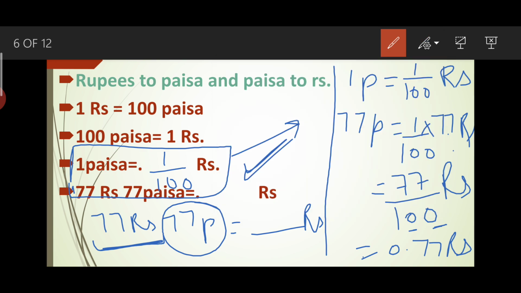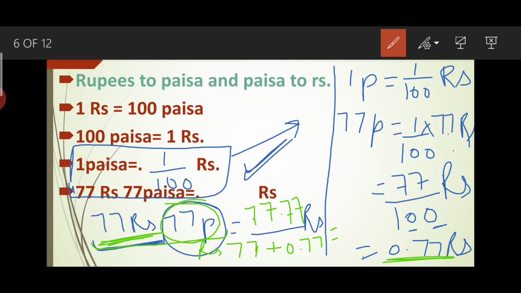But we were having the question 77 rupees and 77 paisa. So our answer will be: you will write this value as it is, 77 rupees, and you have converted 77 paisa as 0.77 rupees. So you will write 77 plus 0.77. What does it come out to be? 77.77 rupees.